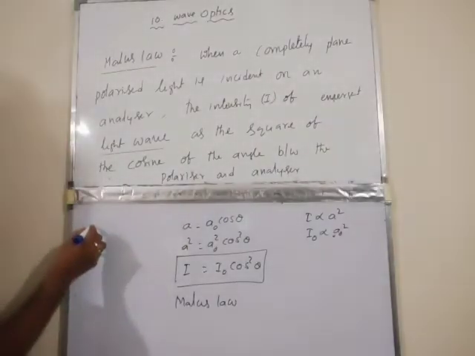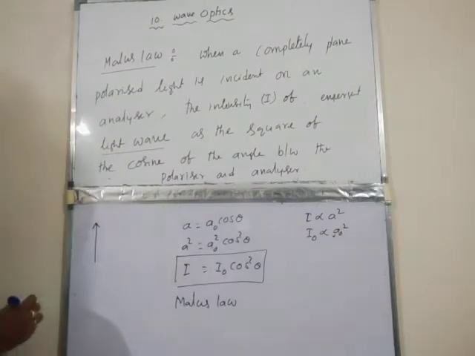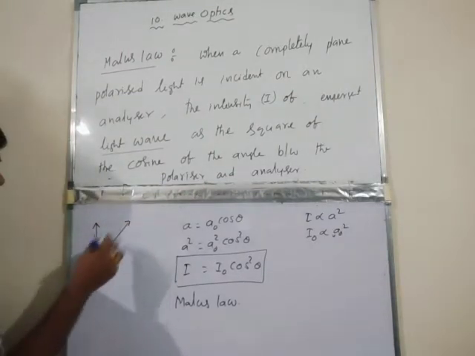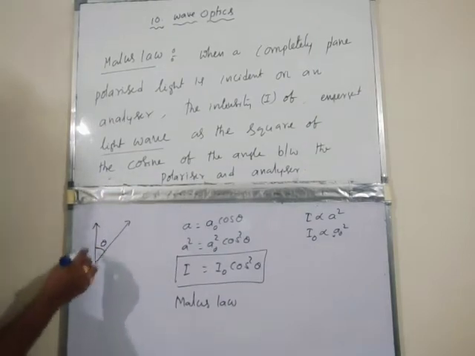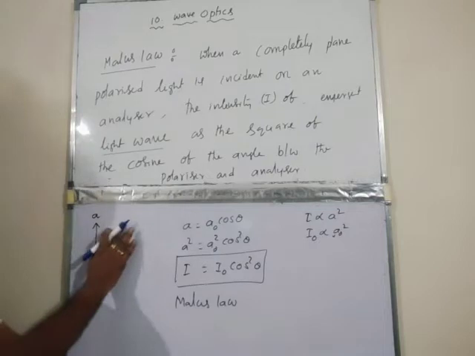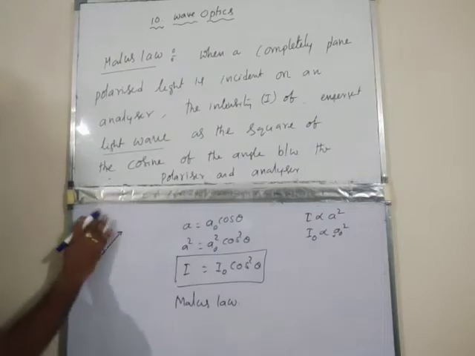So this is the polarizer, this is the analyzer, and the angle between them is theta. The amplitude of the polarizer is A naught.